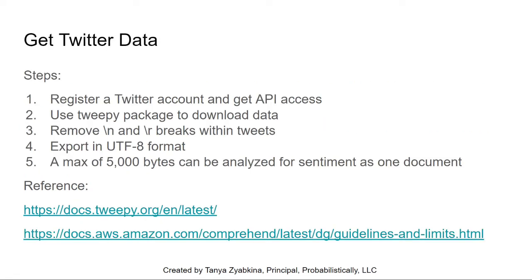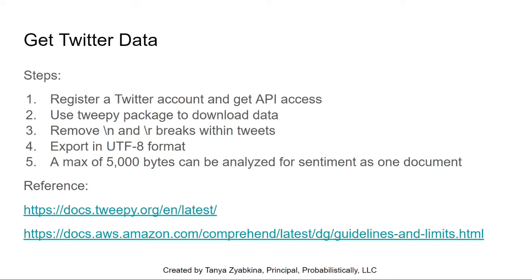Let's talk about data. For this particular project, I'm using Twitter data. Twitter data is popular for sentiment analysis, quick little chunks of data, and you can analyze them very nicely. What you need to remember is that tweets can have line breaks within them. And usually what you do, you save all of your tweets into a big document, and then you send it to AWS to analyze as one document per line.